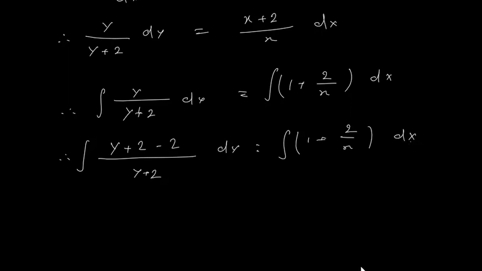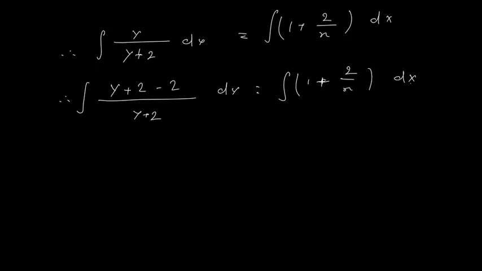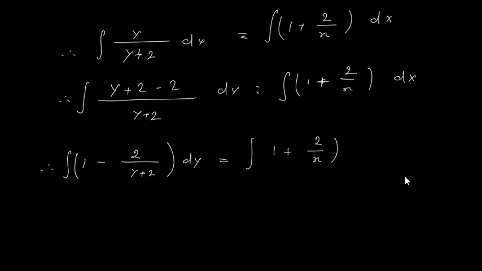Okay. So why am I not integrating this right-hand side? You can integrate at this stage, but let us simplify the left-hand side and then integrate both sides together. So on the left-hand side I have (y + 2) upon (y + 2) is 1, so 1 minus 2 upon (y + 2) into dy is equal to, on this side, 1 plus 2 upon x into dx.